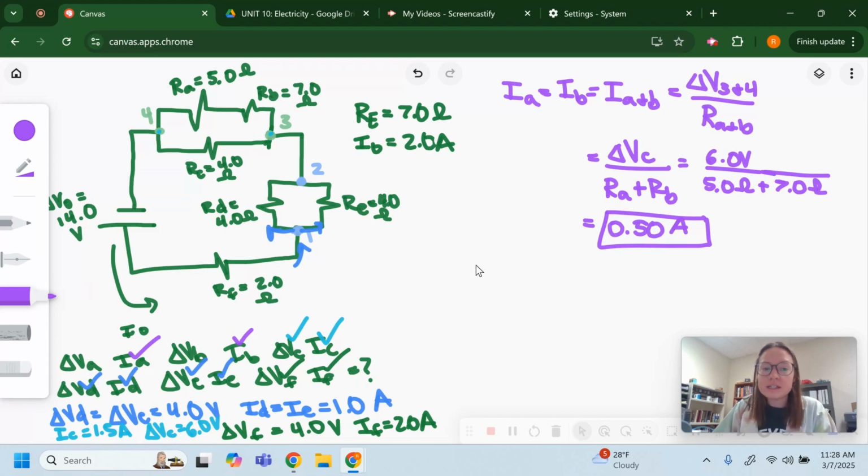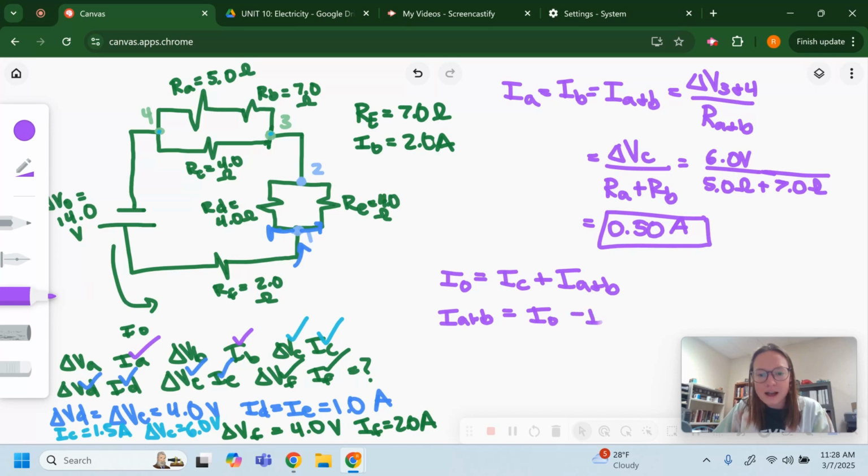Another way that you could do this is you could say, well, RC is in parallel with RA and RB. So I know that the total current that's going into 3, which is I naught, is going to equal the current that goes through C plus the current that goes through A and B. To find the current that goes through A and B, here, I can do I naught minus IC.